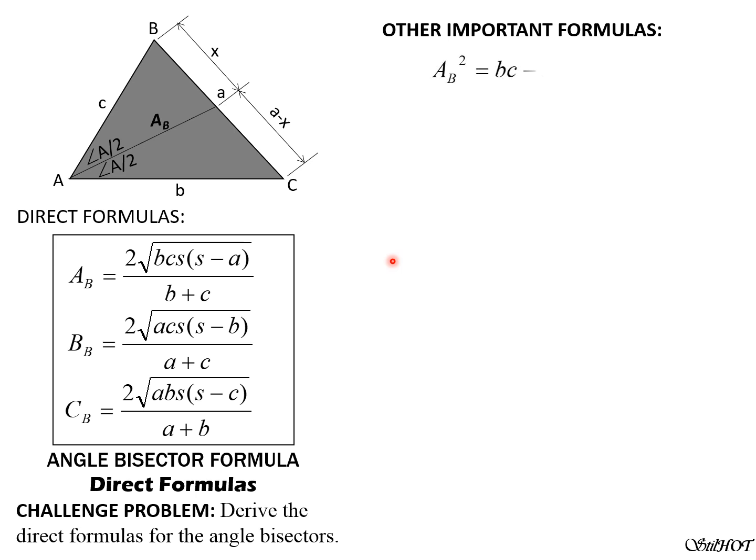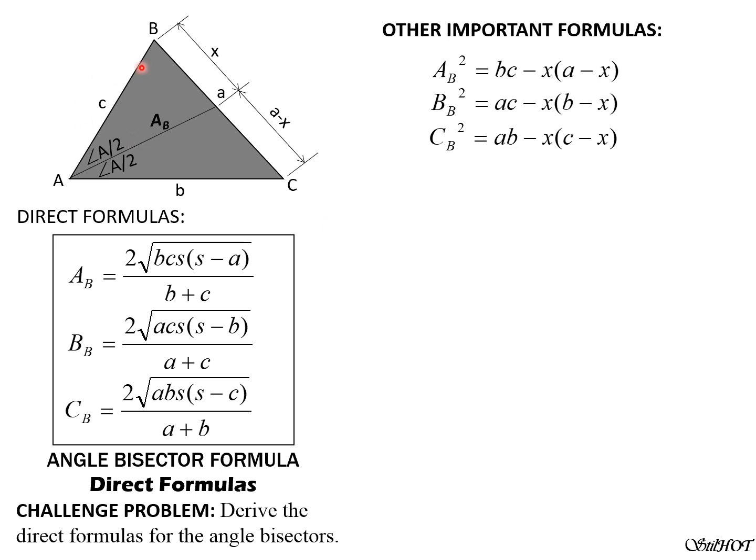Then there are three cases. These are the three cases of the square of the angle bisector. The first is AC minus x times quantity B minus x. And the second, square equals AB minus x times quantity C minus x. You don't need to memorize.